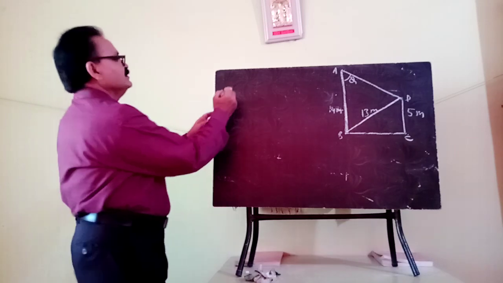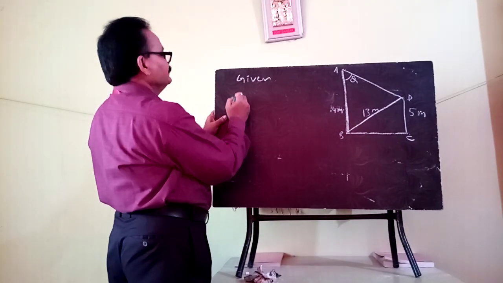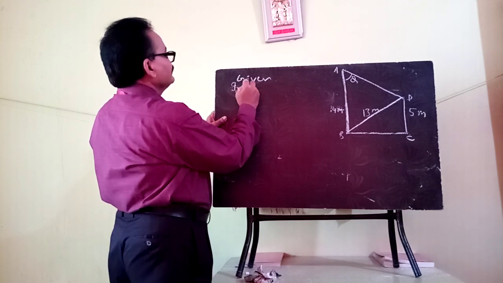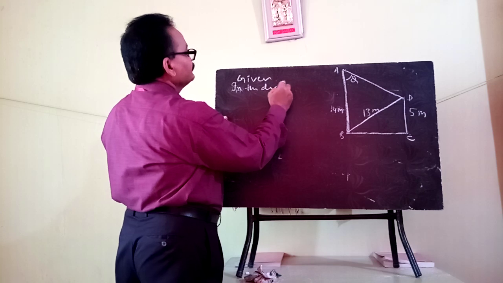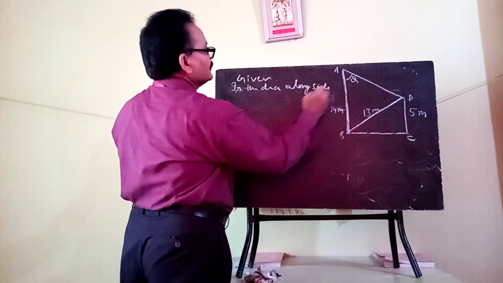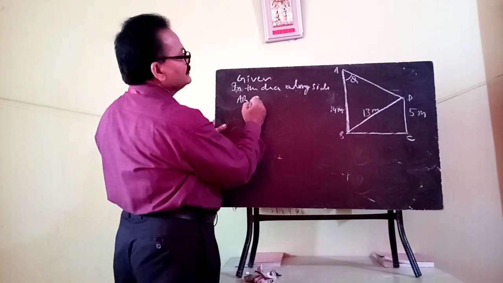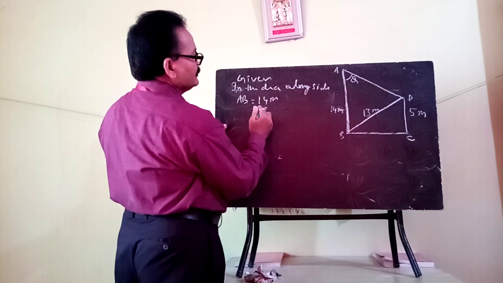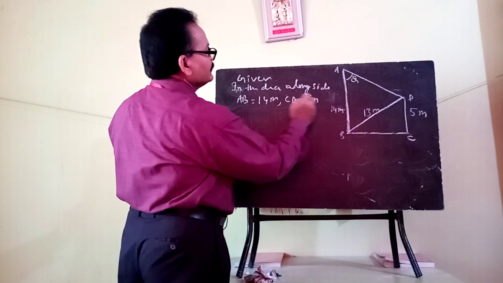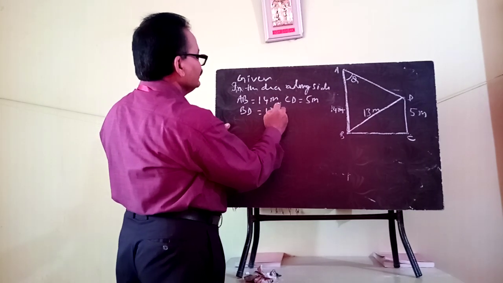What you do? First you write the given part in the diagram. AB equals 14 meter, CD equals 5 meter, BD equals 13 meter.